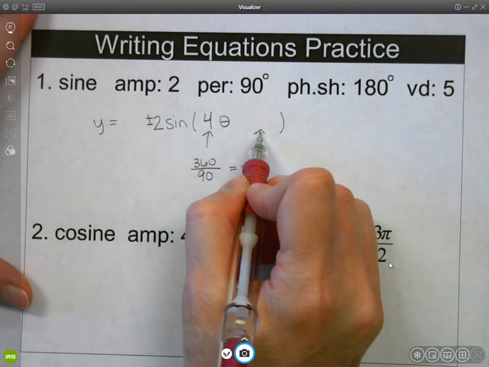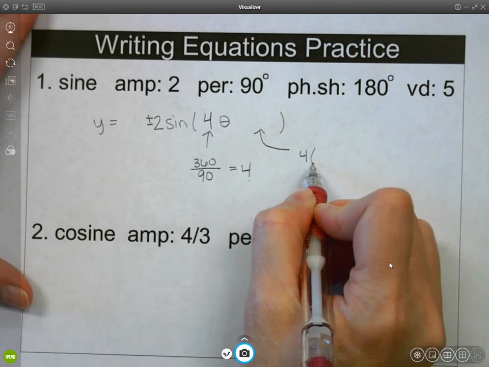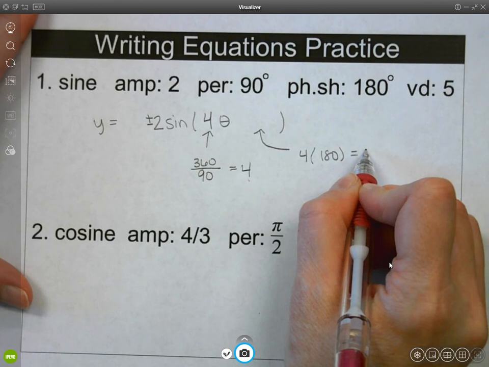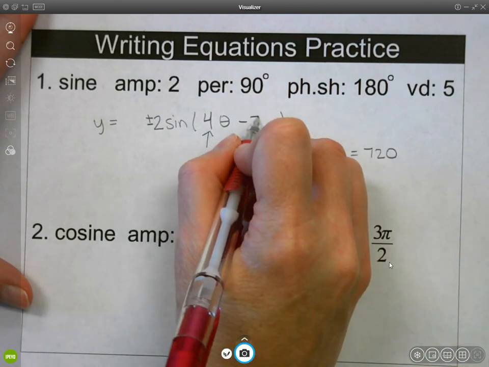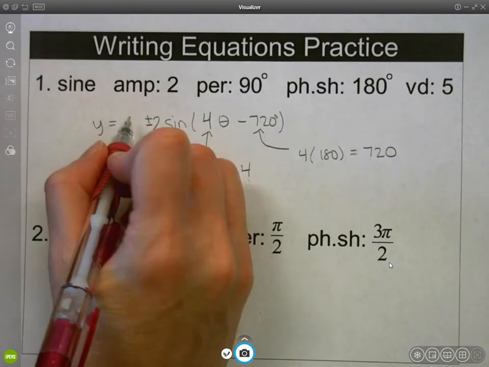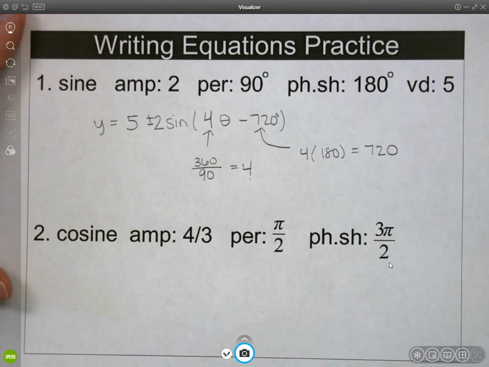To get this number, we take what we just got, this 4, times the phase shift that they gave us, which is 720, and then change the sign when you put it in the problem. Alright, and then that vertical displacement you can just stick right in front, or a plus 5 on the back, that's the same thing.